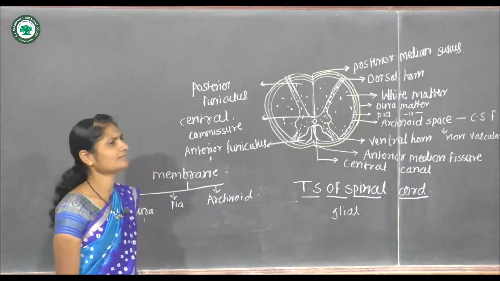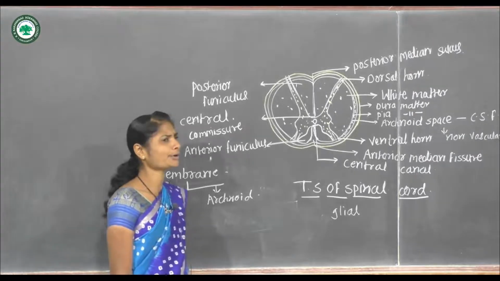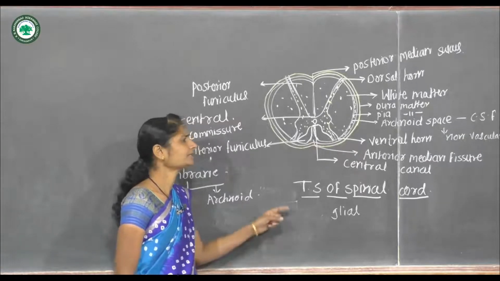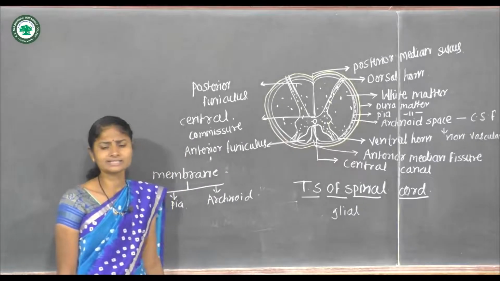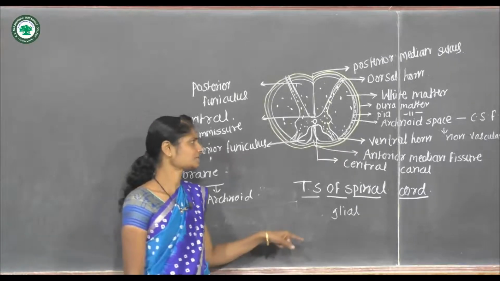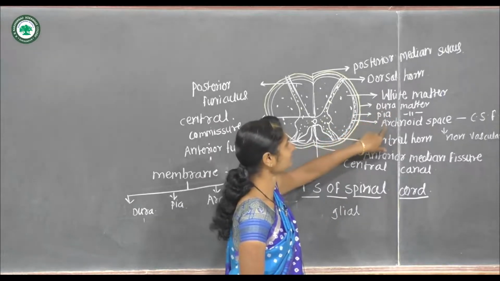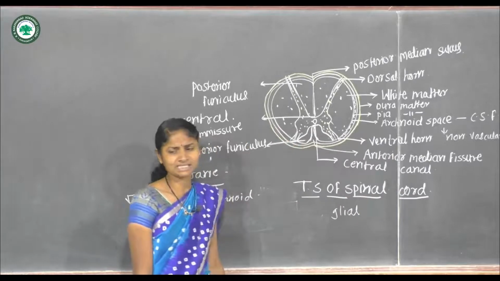Next point in our list is the diagnostic features of the spinal cord. Spinal cord differs from other organs. In the spinal cord, outer covering membranes are present, and these membranes are dura mater, pia mater, and arachnoid space.